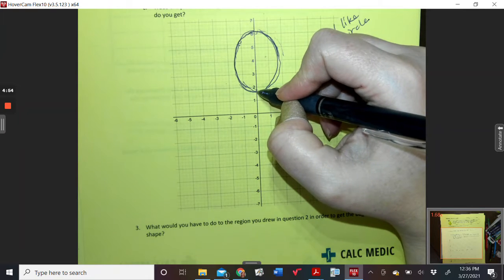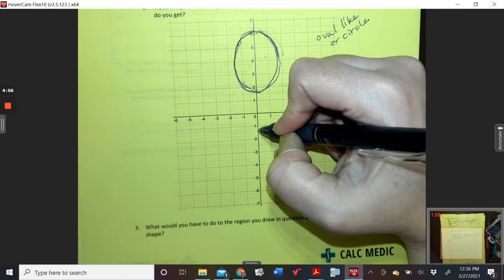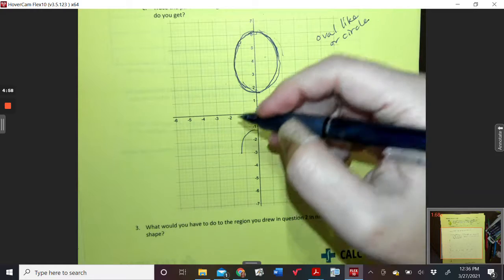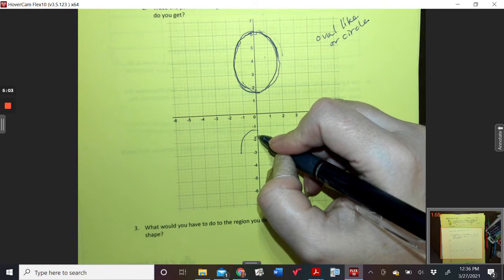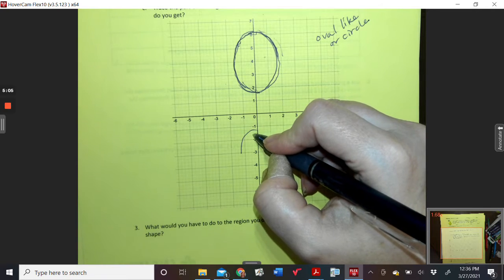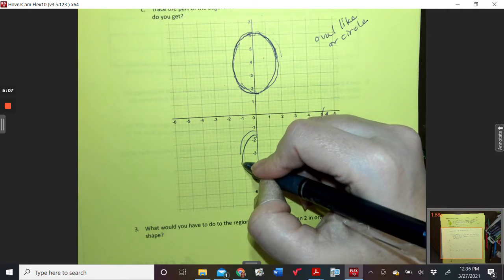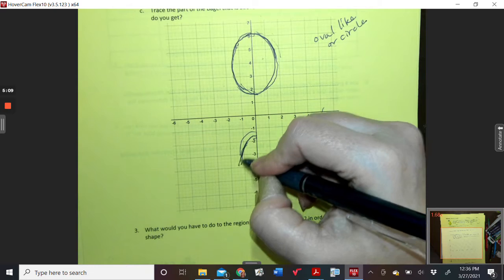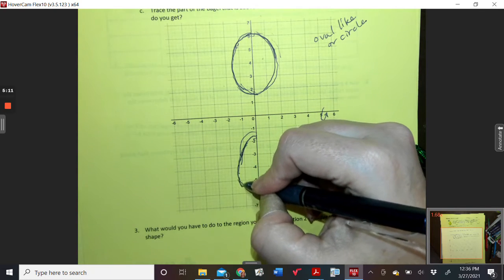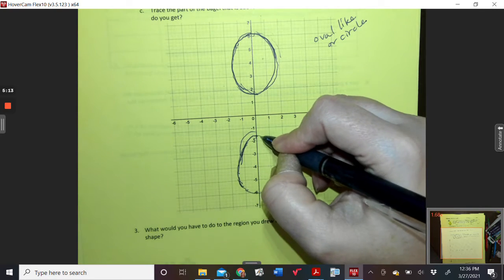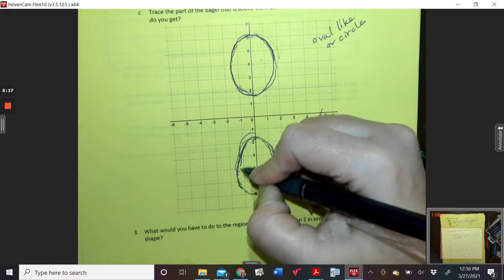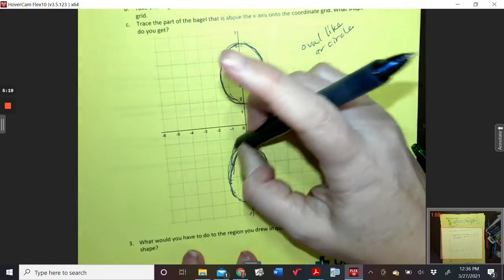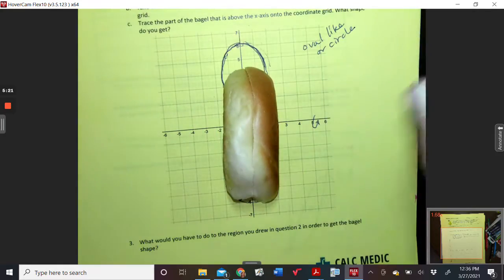We'd end up with another circle-like thing down here, which would go from just before 2, -2, out to 6 wide, not quite too wide, out to 6. We'd get that the bottom part of the bagel would be there now.